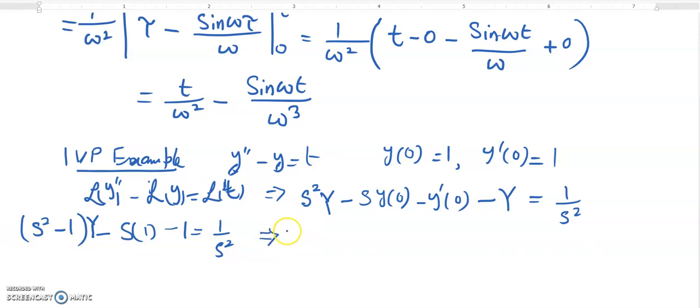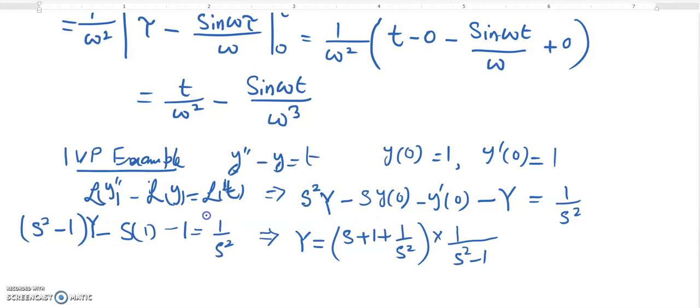So we get an equation: Y will be equal to, so this is s and this is 1, so we can take s and 1 on this side, plus 1 over s square, and then it will be divided by s square minus 1. So we get Y in terms of s.